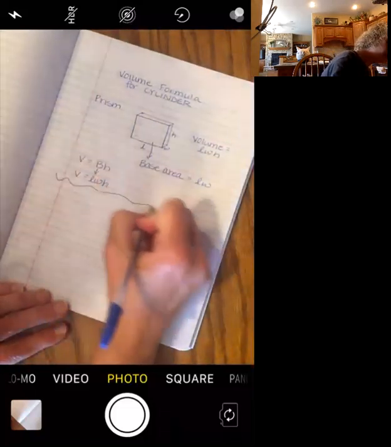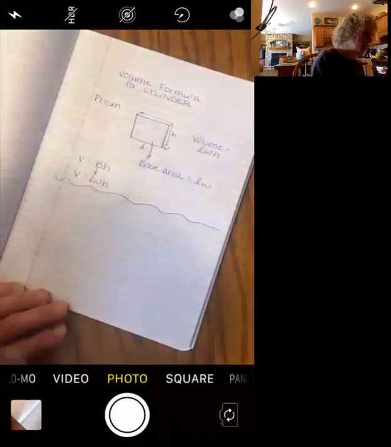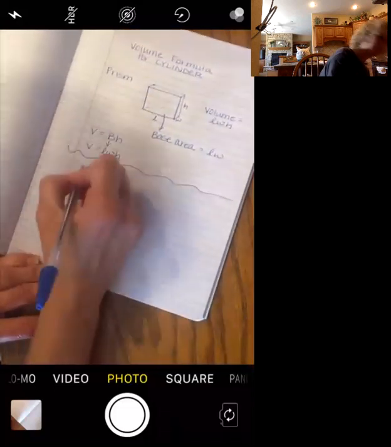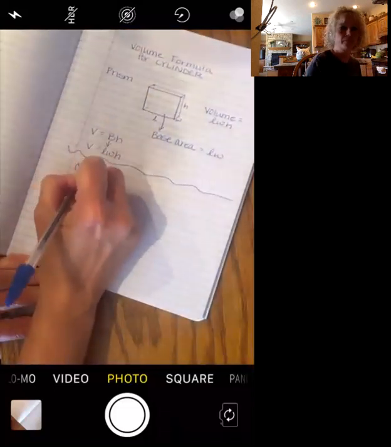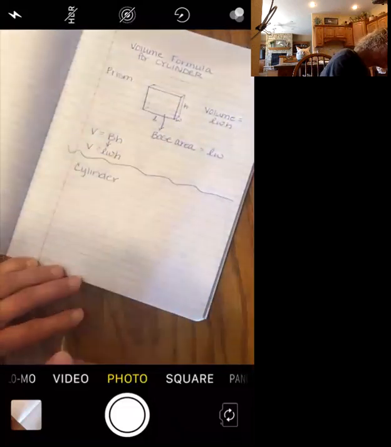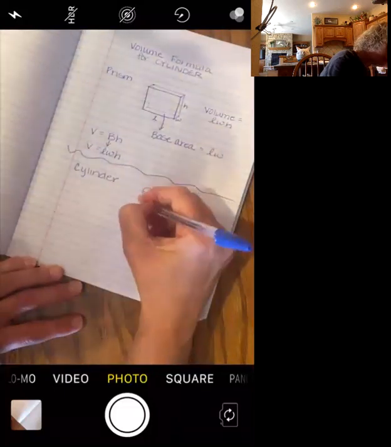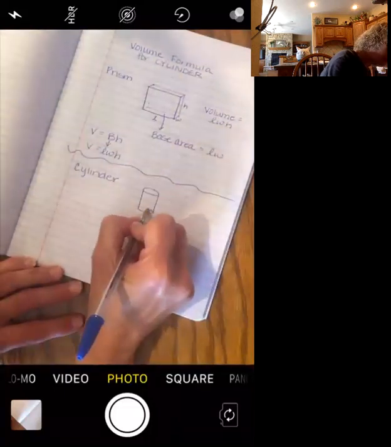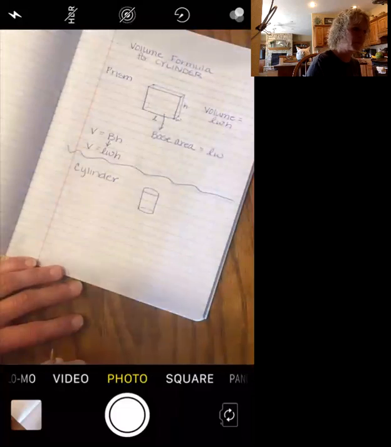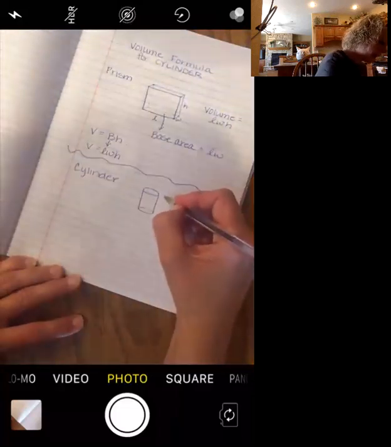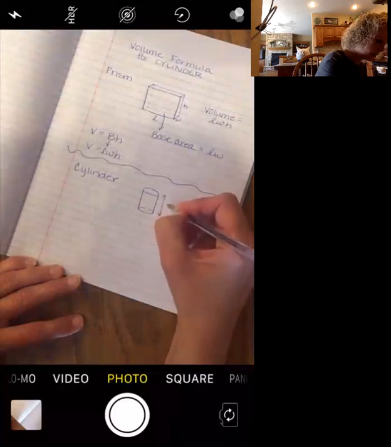So now let's use that knowledge to be able to find the formula for a cylinder. I'm going to go ahead and draw a cylinder just like we did the other day when we were making our 3D sketches. And if you remember, we do have a height for our cylinder.